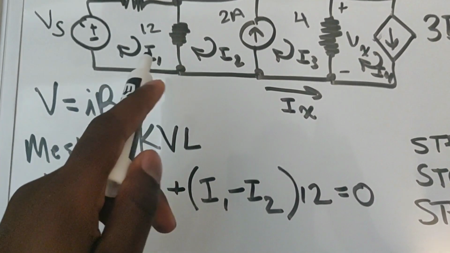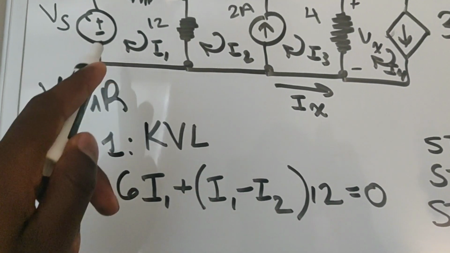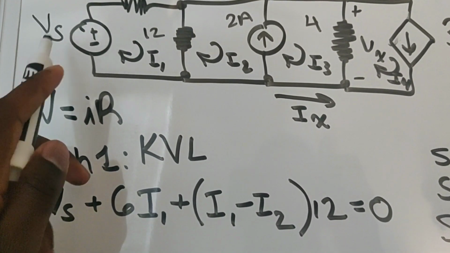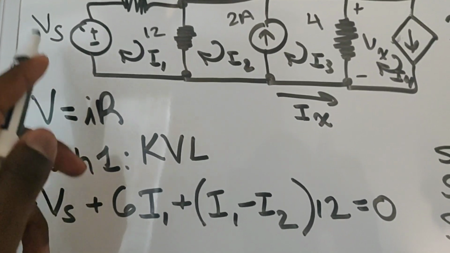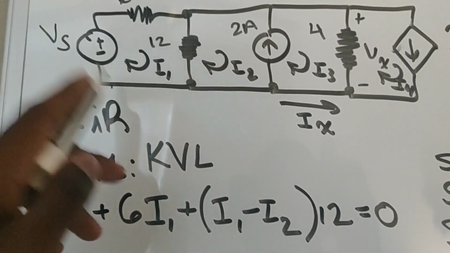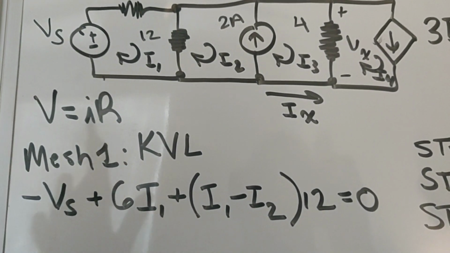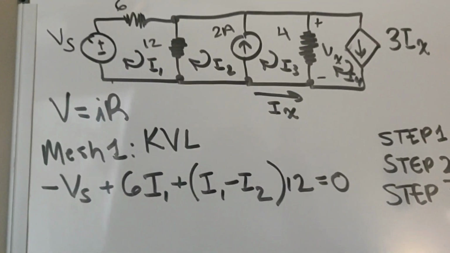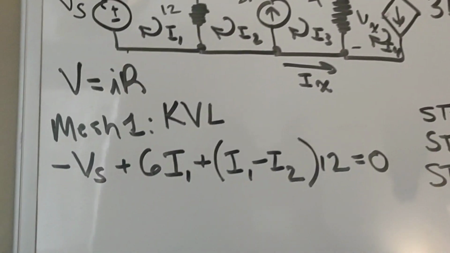As I'm coming clockwise, I approach this Vs. The way I remember my passive sign convention is once I reach a negative potential on a battery, then my term is going to be negative. And if I reach a positive potential, then my term is going to be positive. It's pretty simple for me to understand.